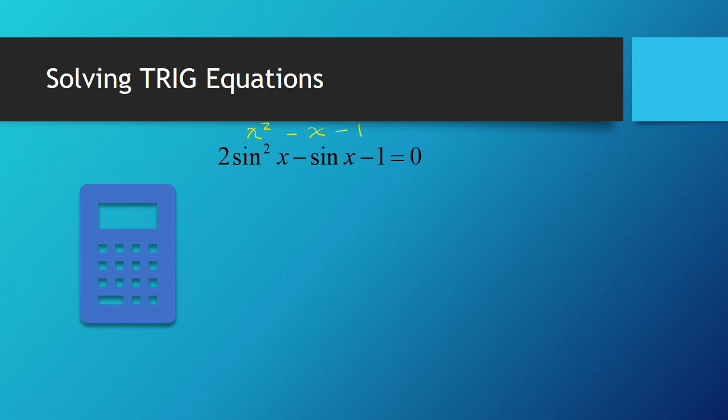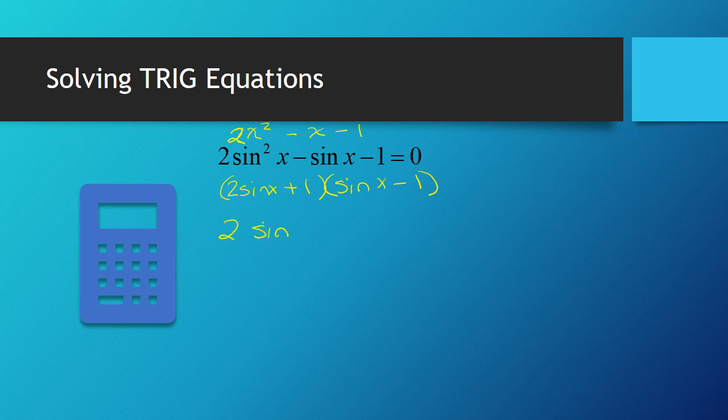So we can see that we can go ahead and write this by factoring. Okay, so we have 2 sine of x plus 1, and sine of x minus 1. So now I have 2 equations that I can set equal to 0.